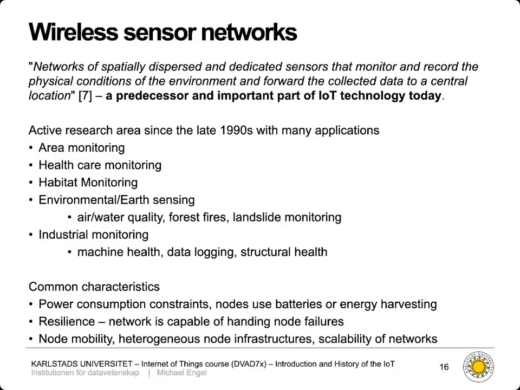And nodes might be mobile, like if you attach them to an animal to figure out where that animal is going, then obviously you have to live with a moving target. Nodes might be heterogeneous depending on the sensors and processing power required, and the networks might be required to scale because you're adding additional sensors on the fly when you need them.